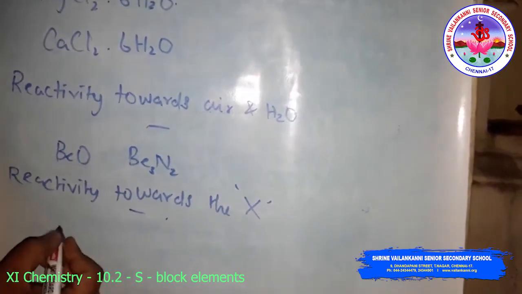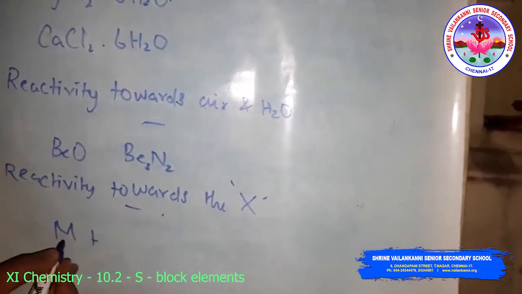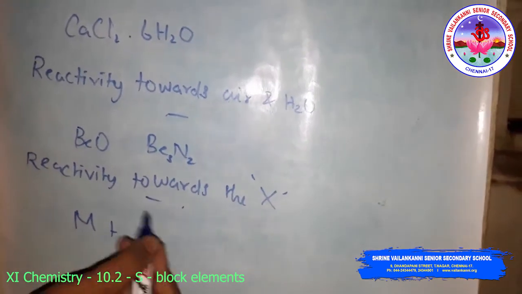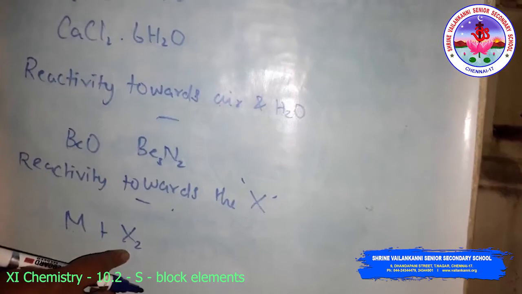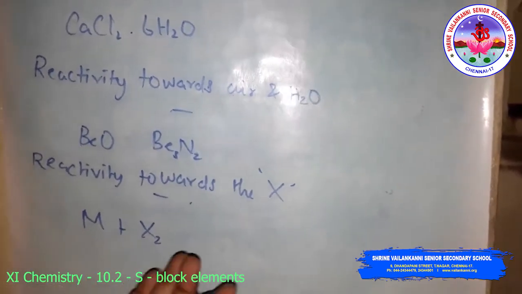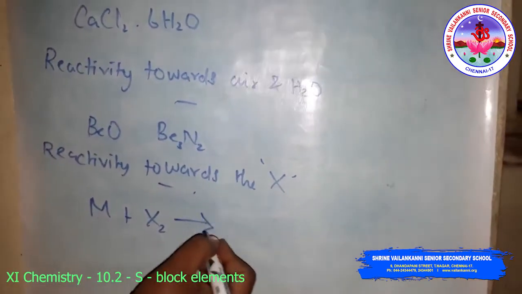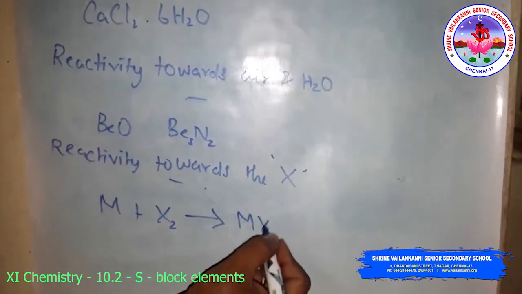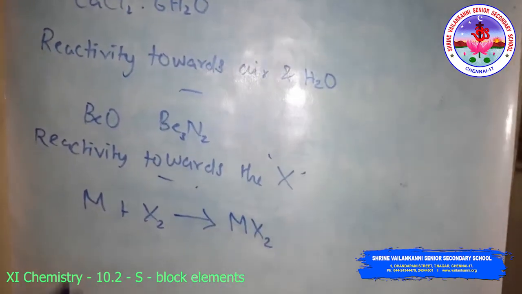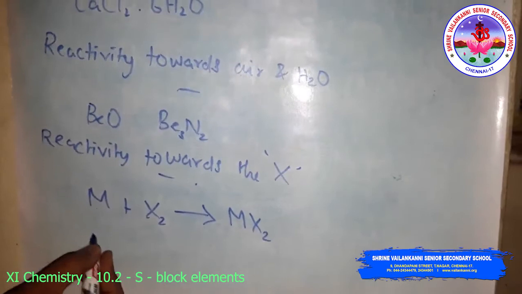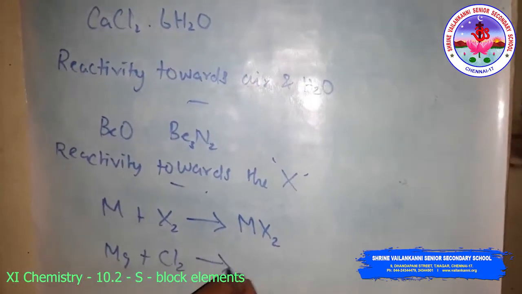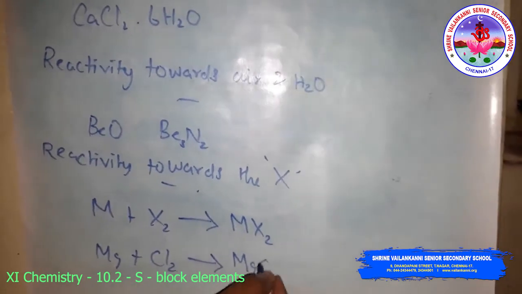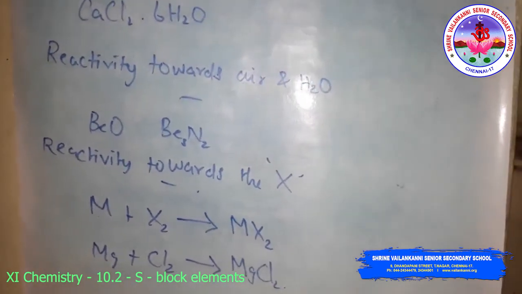Generally, M indicates a metal of group 2 and X the halogen, that is fluorine, chlorine, bromine or iodine, to form the metal halides MX2. For example, magnesium reacts with chlorine to form magnesium chloride. So this is the metal halide.